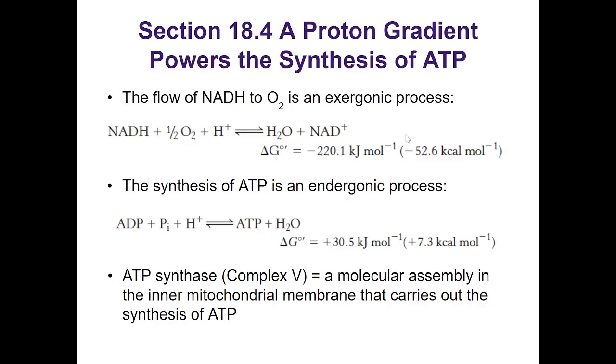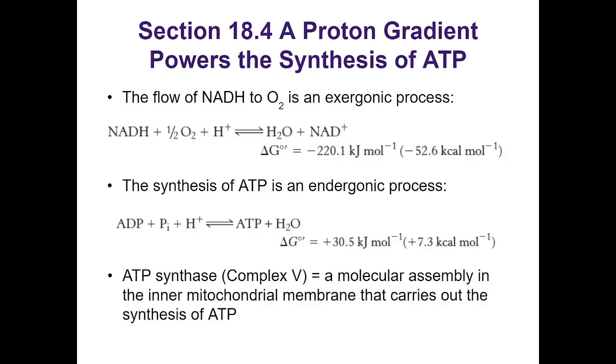That tells you that would be enough energy to sort of burn you, right? But luckily it's in a redox reaction, so we're not getting that transferred just as heat. Okay? We're joining that with other things. So the synthesis of ATP is going to be an endergonic process. Everybody remembers endergonic, right? We have to push energy in all the time. Is this the same thing as heat, by the way?